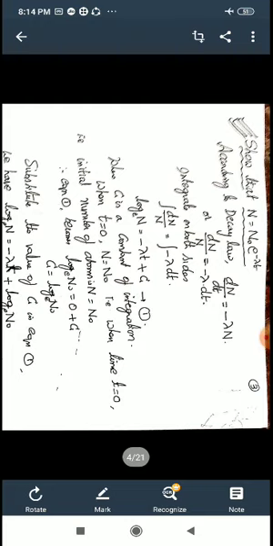Just now we have seen decay law. According to decay law, we have dn by dt is equal to minus lambda n, or dn by n is equal to minus lambda into dt.